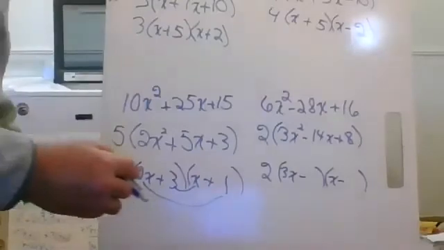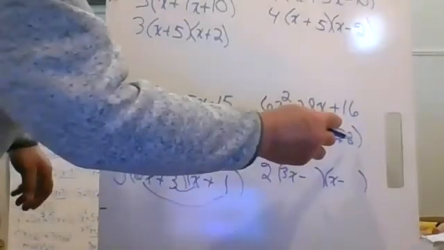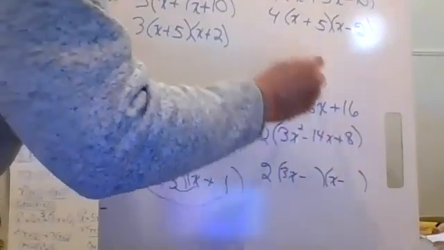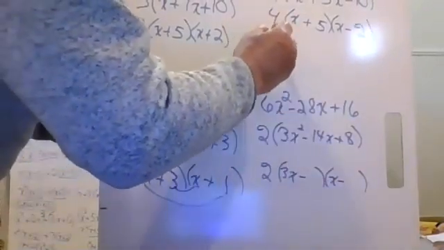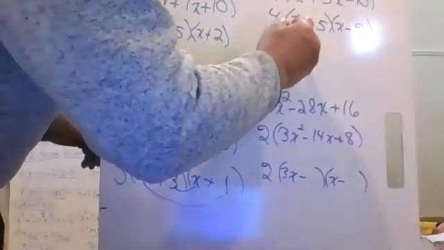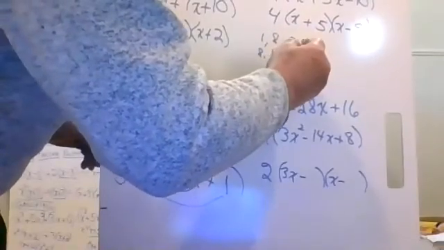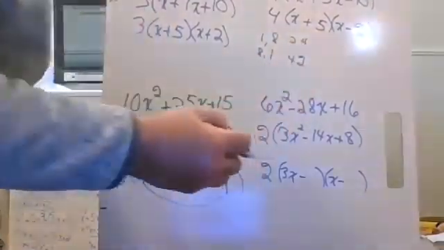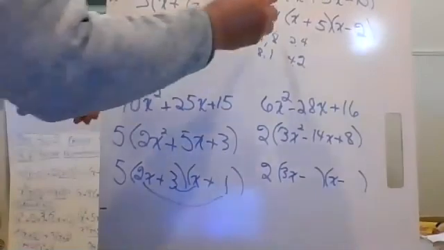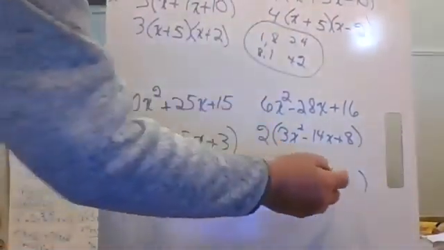And so now we do trial and error. We check 8. And with 8, you're going to have 1 and 8, or 8 and 1. You're going to have 2 and 4, or 4 and 2. Those are the possibilities. And so we have to check them out.